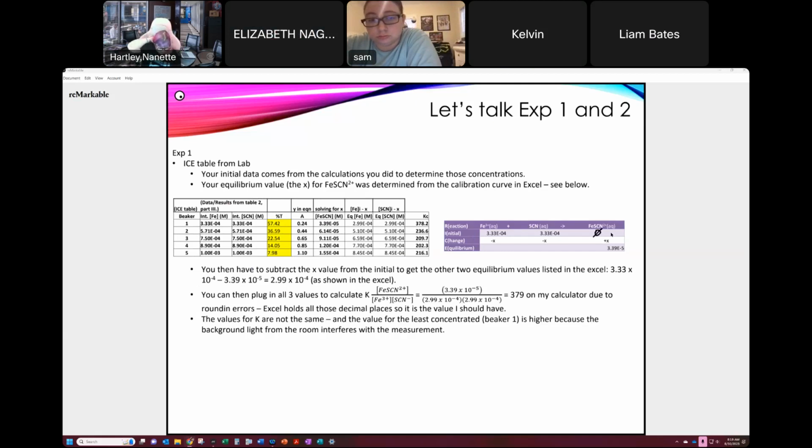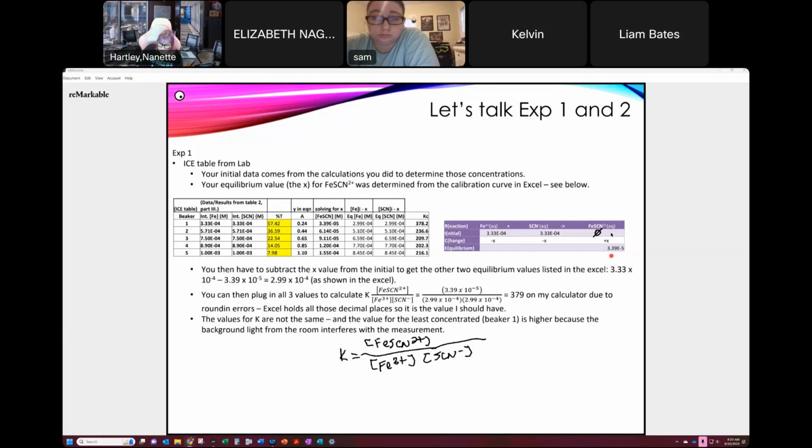Now, what I'm actually looking for is all of the values that go into E so that I can calculate a K. So I know that my K expression for this is equal to the FeSCN2+ over the Fe3+ times the SCN minus. And so I need all three values to be able to calculate that K.